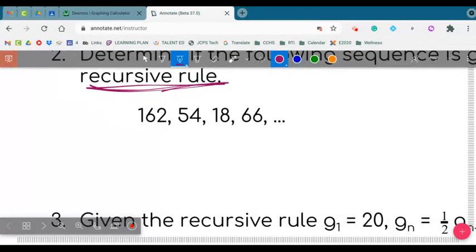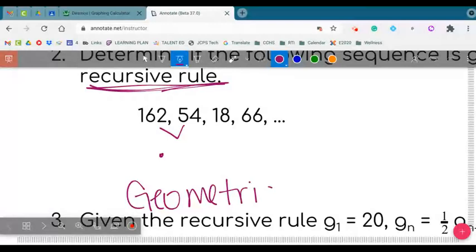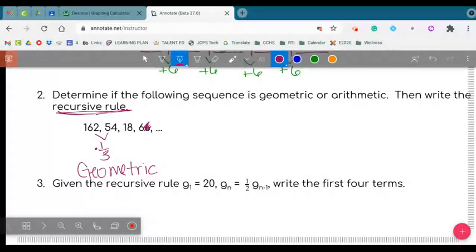We're going down, but we're not subtracting, so we're multiplying. So we know it has to be geometric. We're multiplying by a fraction, so 1 over what? If you do 162 divided by 54, oh, this should be a 6, you guys. You're going to get, I believe, 3. So this would be multiplied by 1/3.